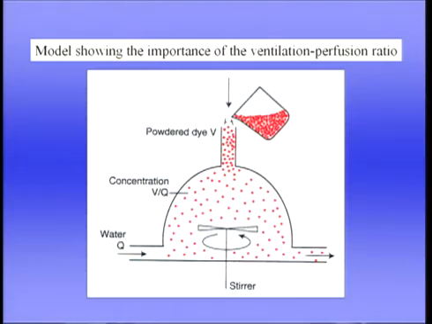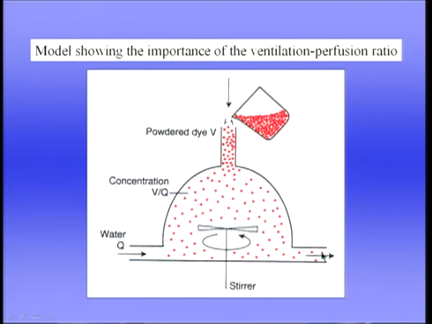Here we have a glass model, if you like, of a gas exchanging unit, and we're simulating ventilation by pouring powdered dye from a beaker here into what's supposed to look like an airway. And then we have the alveolar gas compartment down here with the water being pumped through here, simulating the blood flow. And we get a certain concentration of the dye here.